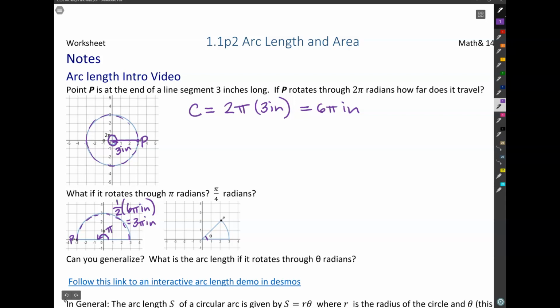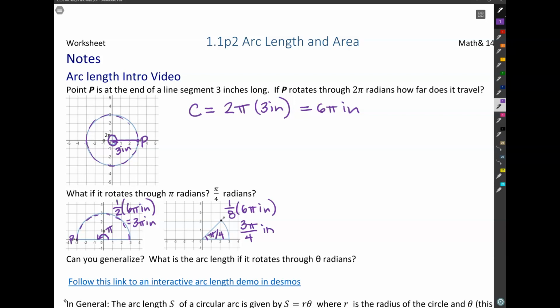And then for pi over 4 radians, I want to compare this to the whole circle, because that's how we'll use our formula. So for pi over 4, that's 1/8 of an entire circle. So we want 1/8 of 6 pi inches, which is 3/4 pi, or 3 pi over 4 inches.